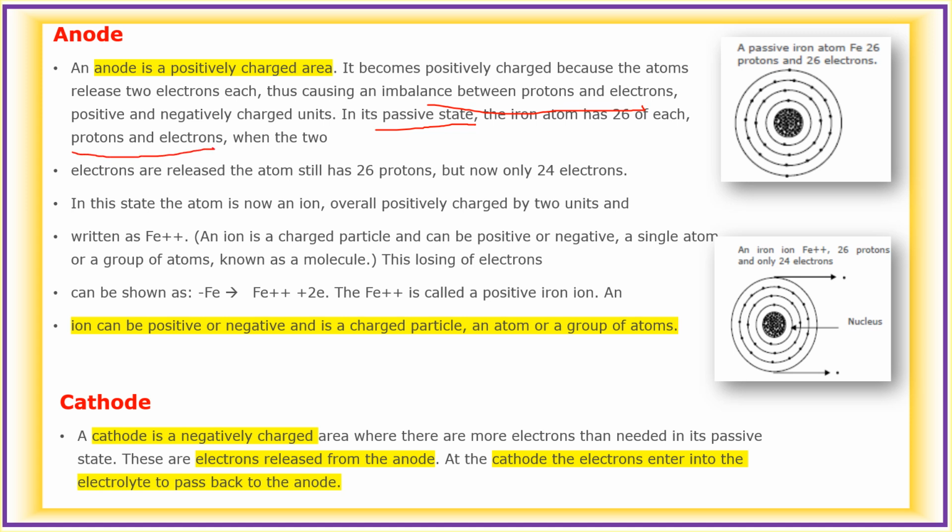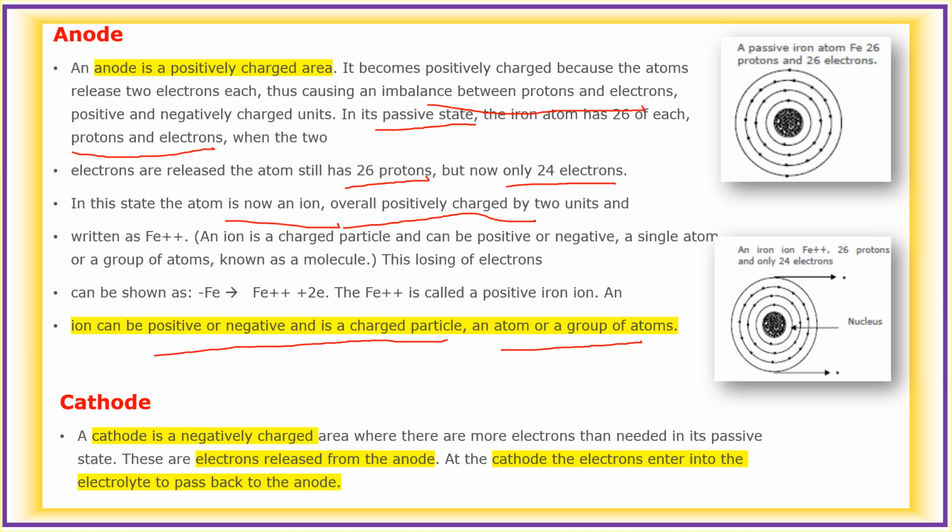When two electrons are released, the atom still has 26 protons and only 24 electrons. In that state, the atom is now an ion, with an overall positive charge of 2 units. An ion can be a positive or negative charged particle, an atom or a group of atoms.